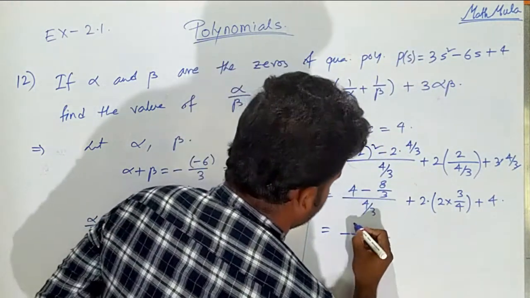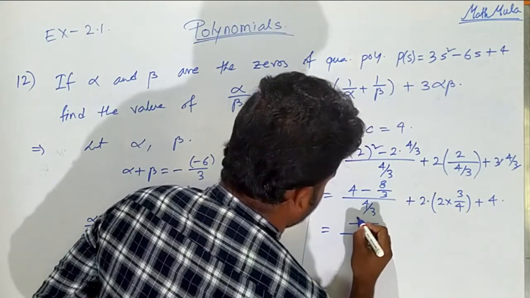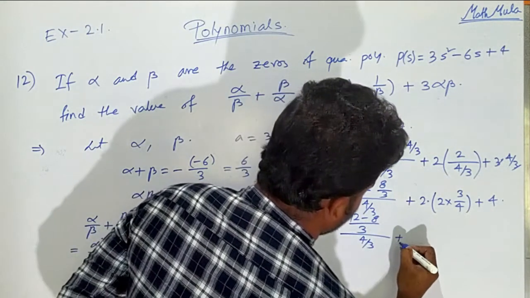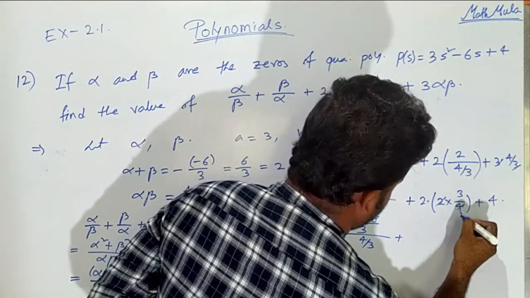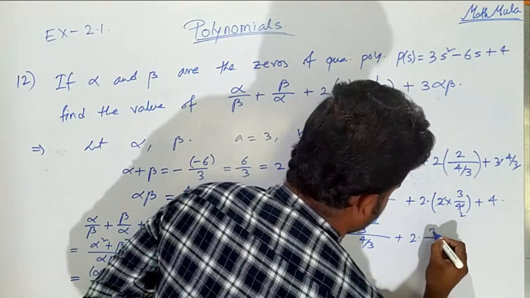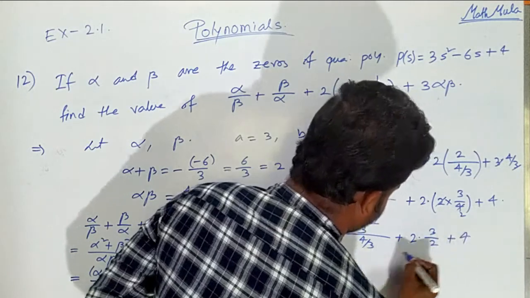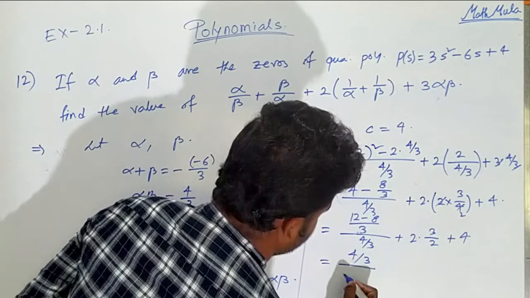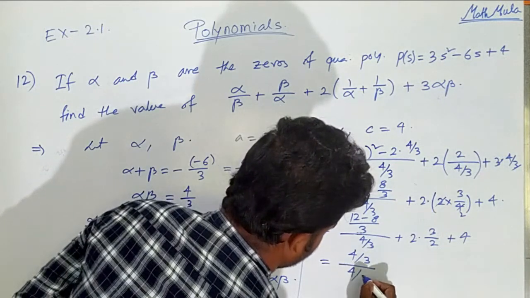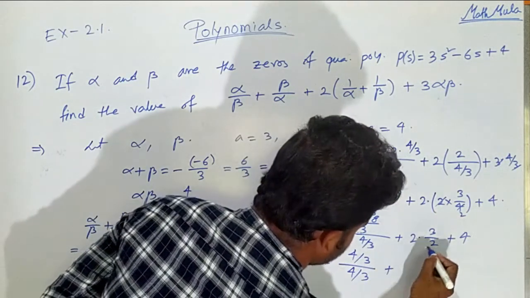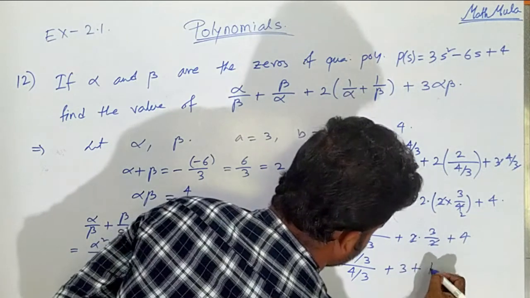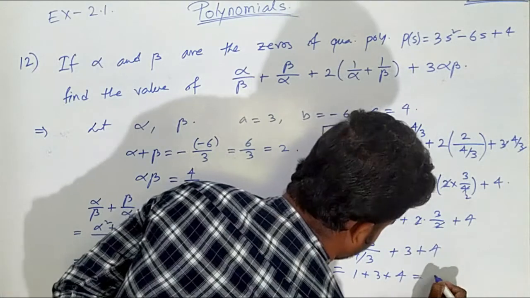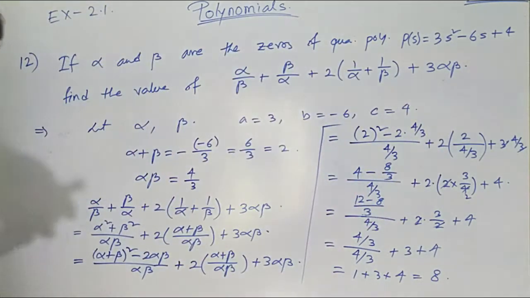The LCM of the upper portion is 3, 12 minus 8 by 4 by 3, plus 4 we cancel, there is 2, there is 2 into 3 by 2, plus 4. Again 4 by 3, 12 minus 8, that is 4 by 3, denominator 4 by 3, plus 2 cancel, this is 3 plus 4. Now this is equal to 1 plus 3 plus 4, that is 8. That's it.